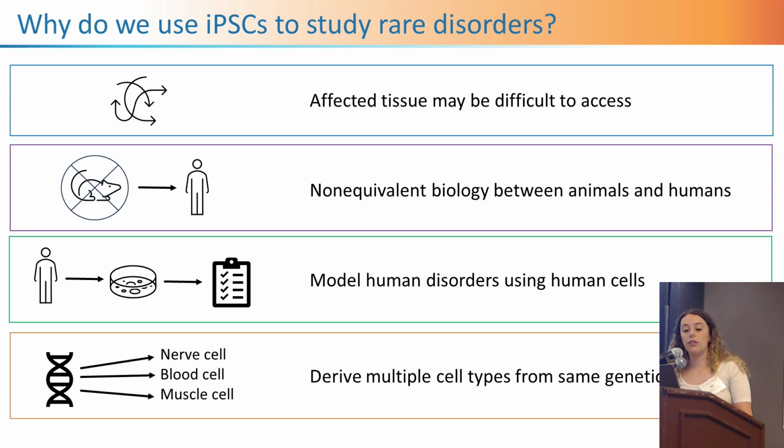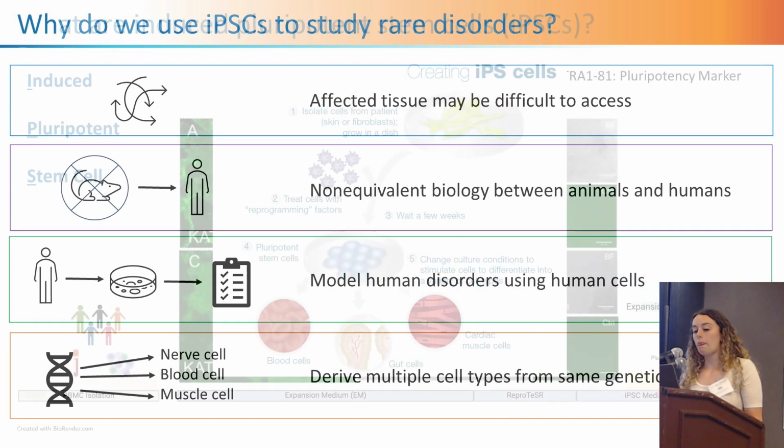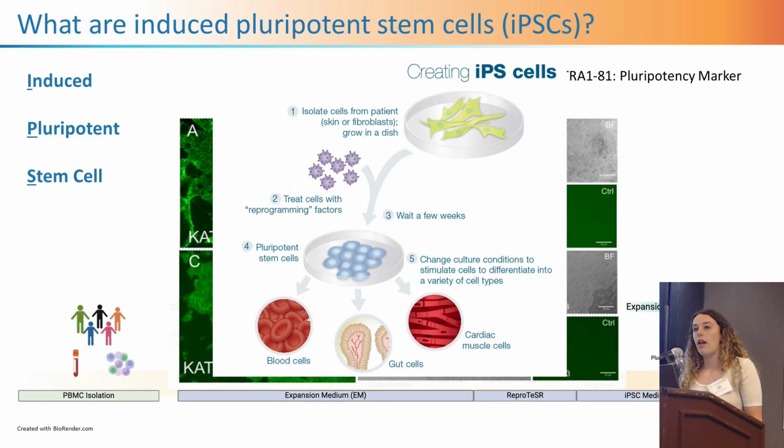And so, like I said, we start off by collecting a sample from the patients, and for the Serrano lab, we've been taking blood samples where we can isolate the peripheral blood mononuclear cells, also known as PBMCs, which are a type of blood cell that contain the genetic information. And then we can culture these cells and then introduce a cocktail that contains different factors to reprogram them back to an embryonic-like state.